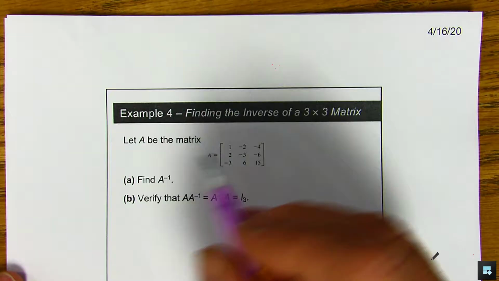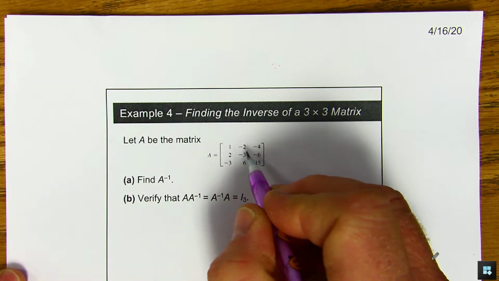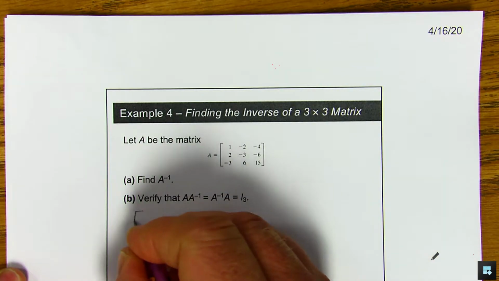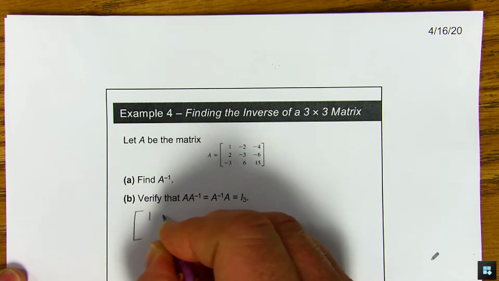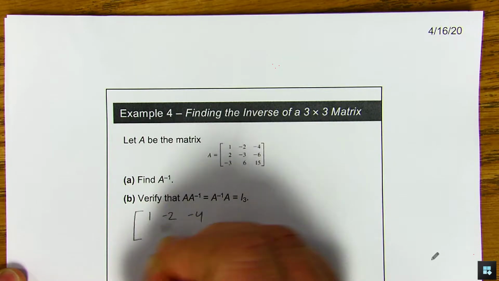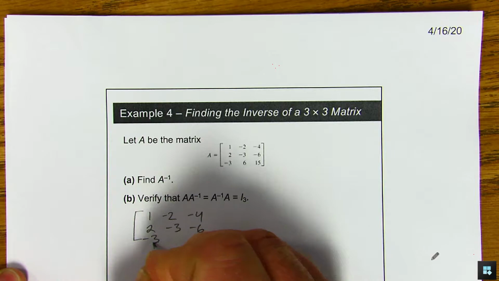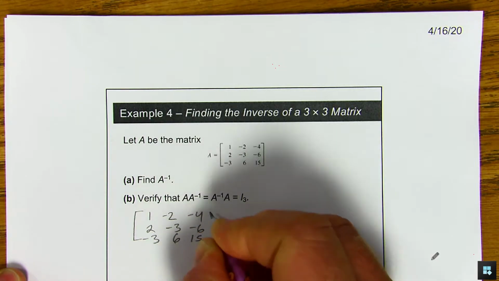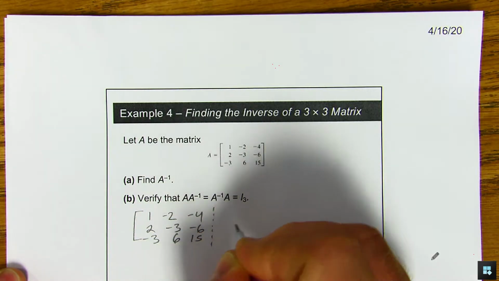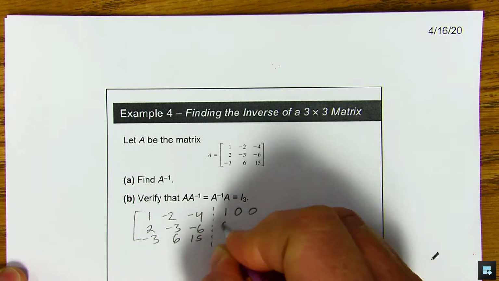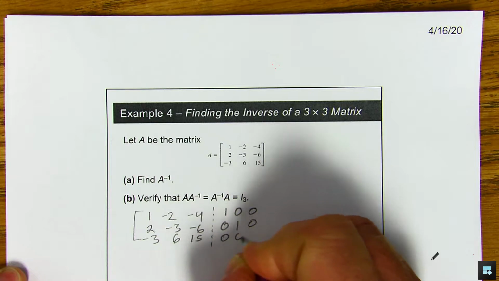So what we're going to do is take this matrix right here and rewrite it again. So we have 1, -2, -4, 2, -3, -6, -3, 6, 15. And I'm going to draw a dotted line right down, and over here I'm going to put the identity matrix for a 3 by 3.